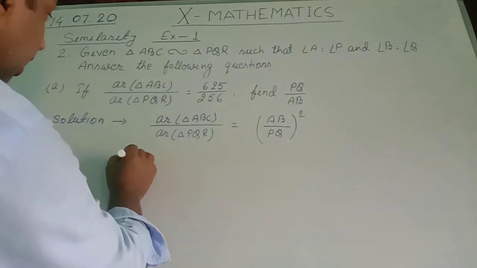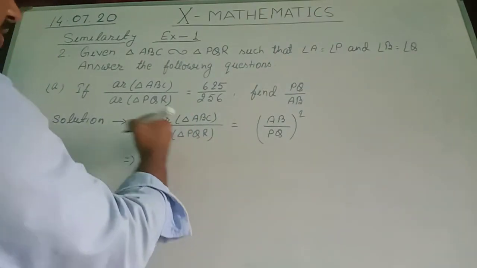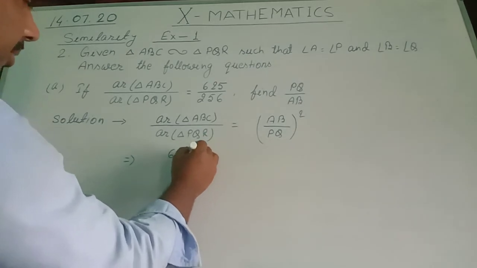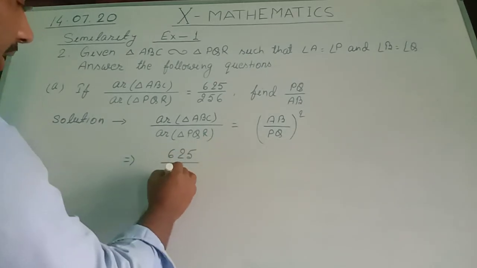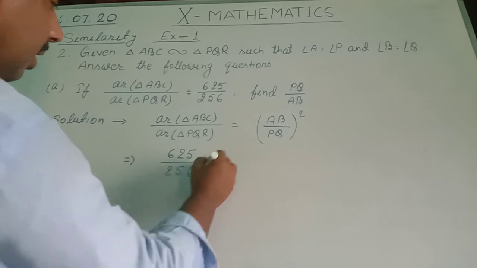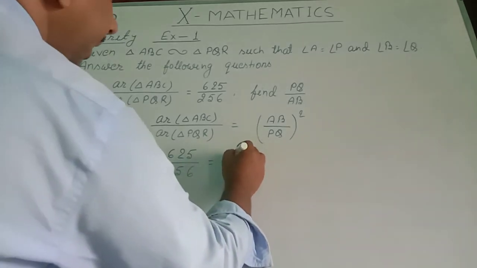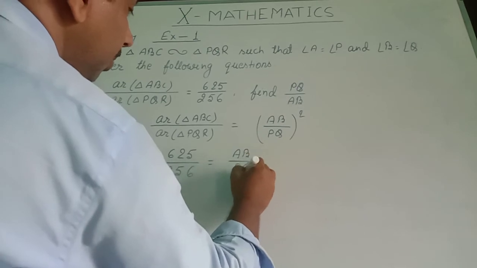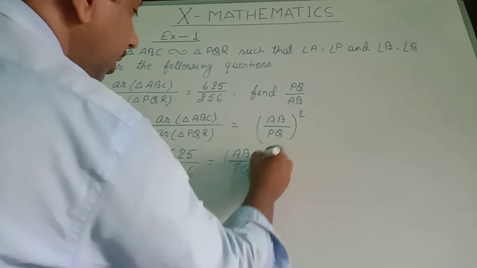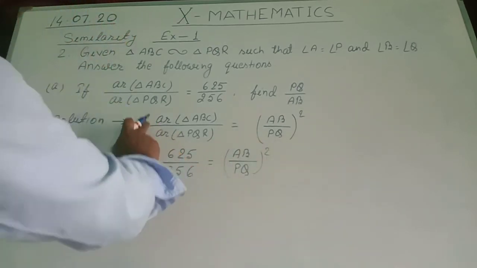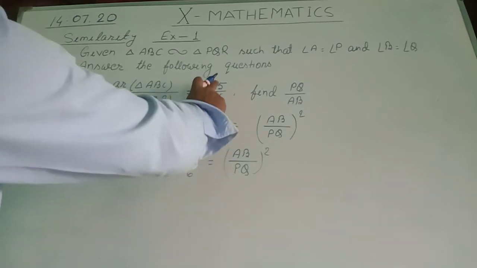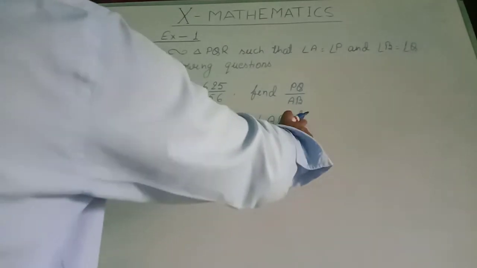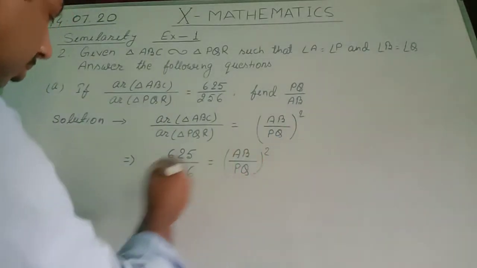Now what are you saying? This ratio is given, that is 625 by 256 is equal to AB by PQ whole square. Simply I kept the value of this ratio here, that is 625 by 256 equal to AB by PQ whole square.